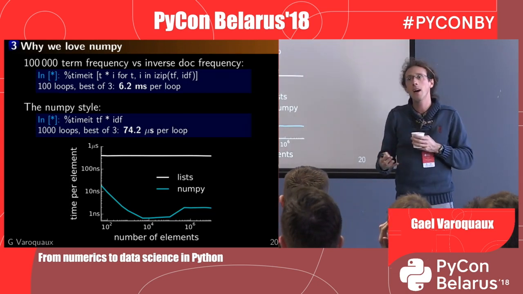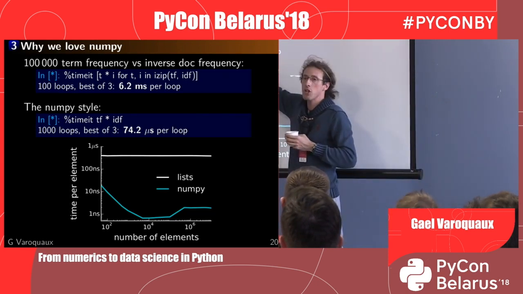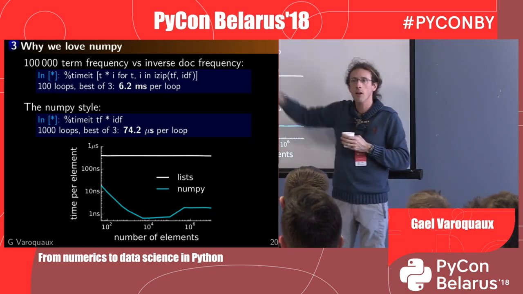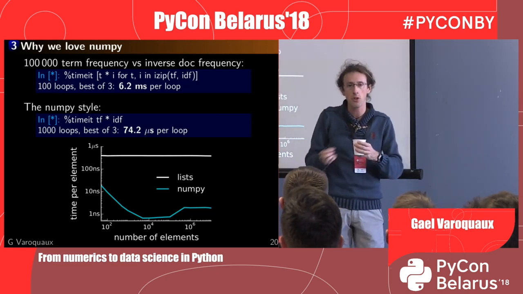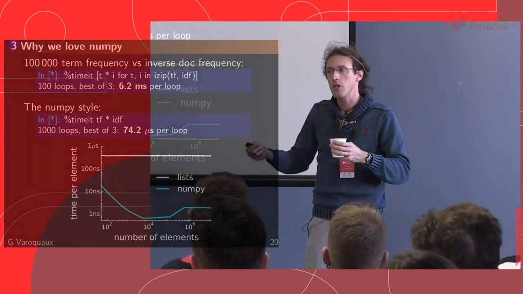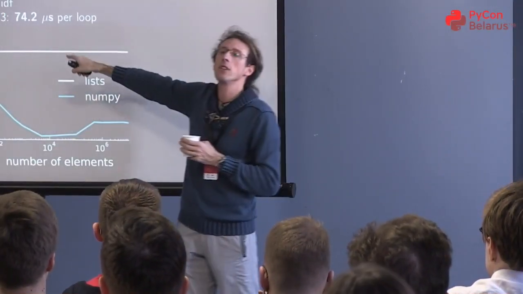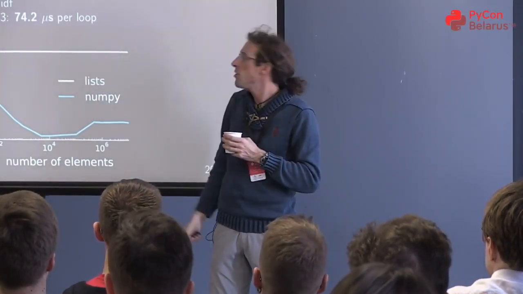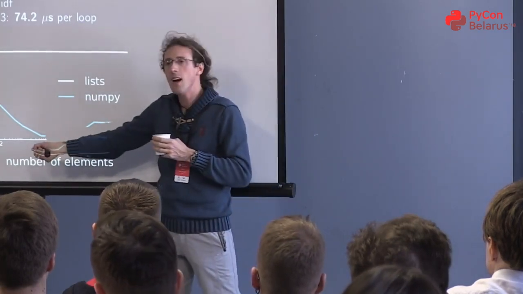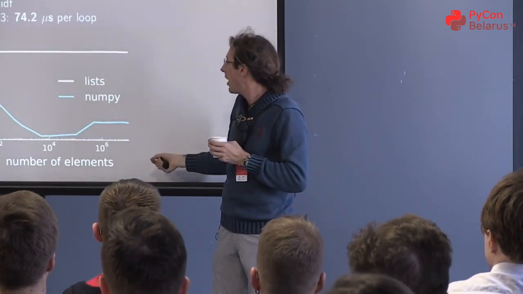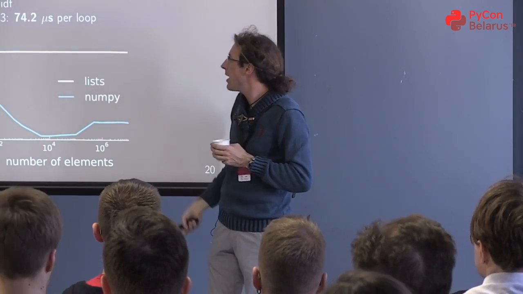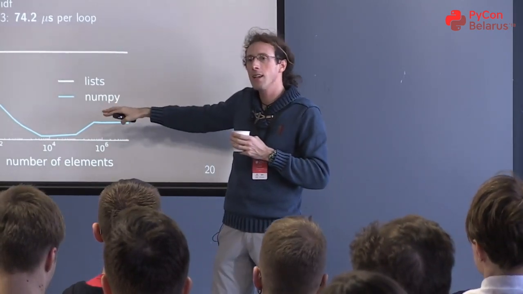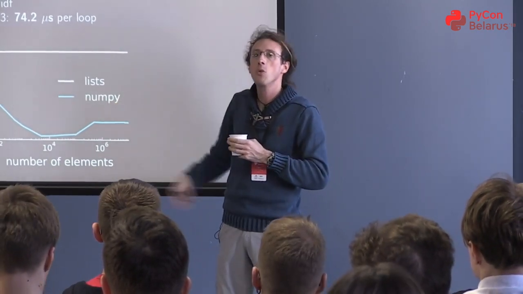Now in NumPy, the way I will do it is I'll just write the expression on the arrays. In NumPy, these are no longer lists, they're arrays, so they're tables. And I'm writing the expression. This is significantly faster, much, much faster. You can see that as I vary the size of the list or of the array, NumPy keeps being much, much faster. So why is it faster?